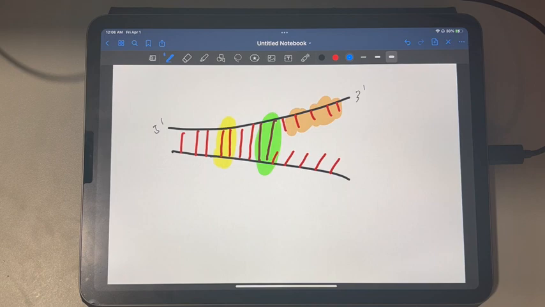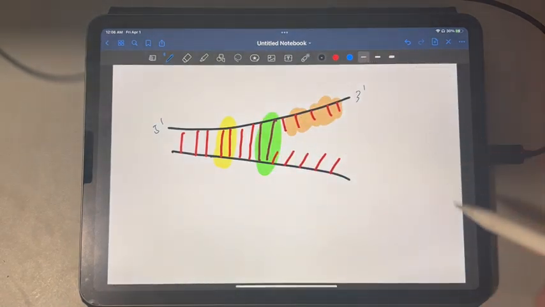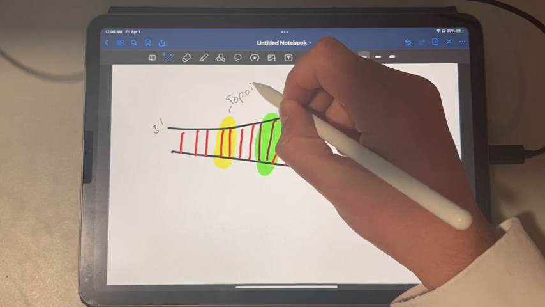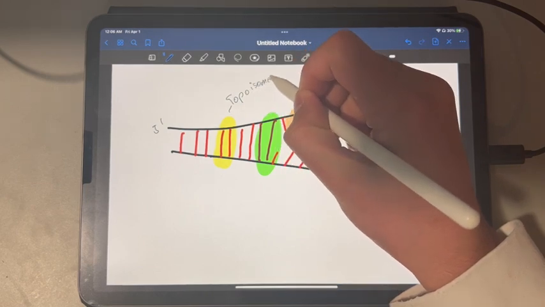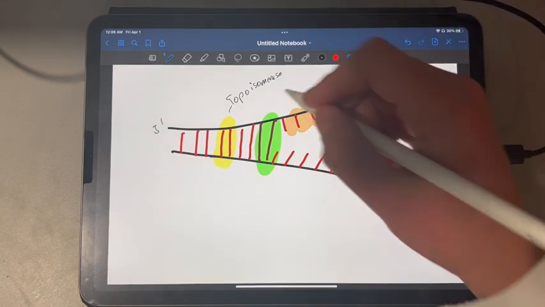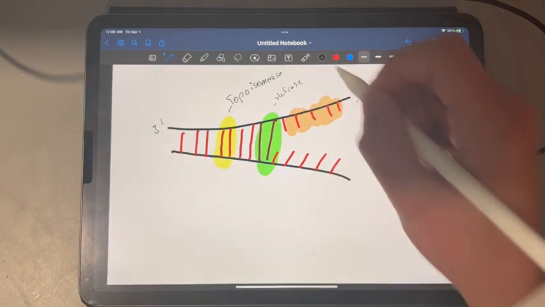So now that you understand a little bit more about the directionality of it, I'm going to explain how the leading strand works. We start with these enzymes. We have topoisomerase and helicase.